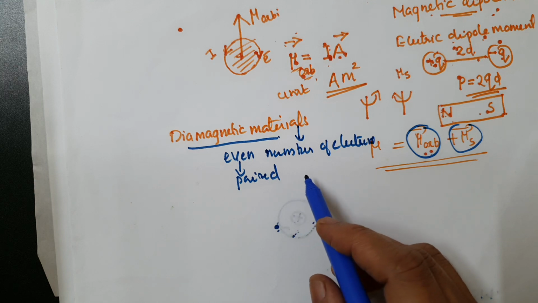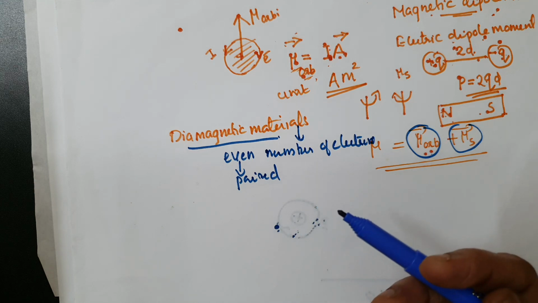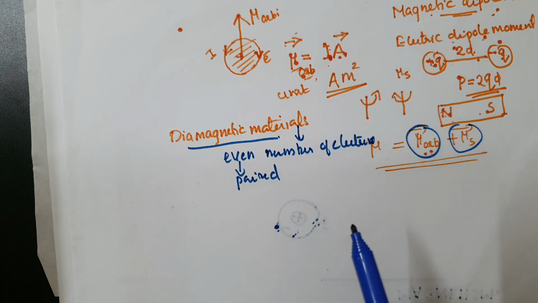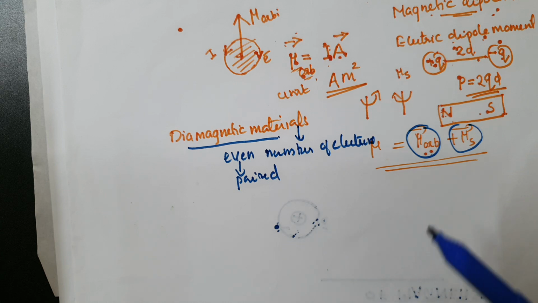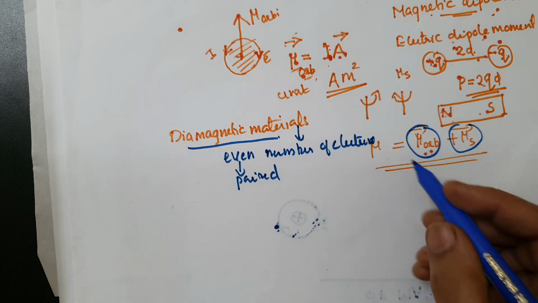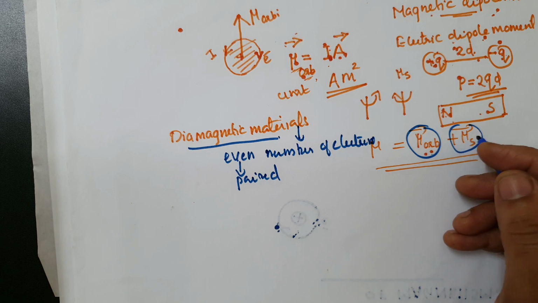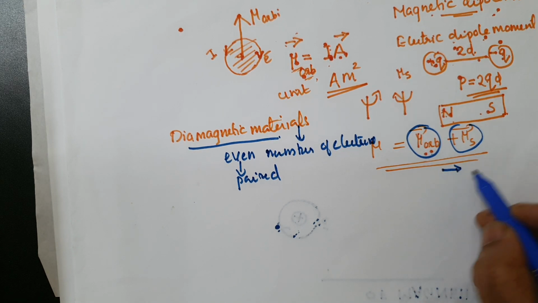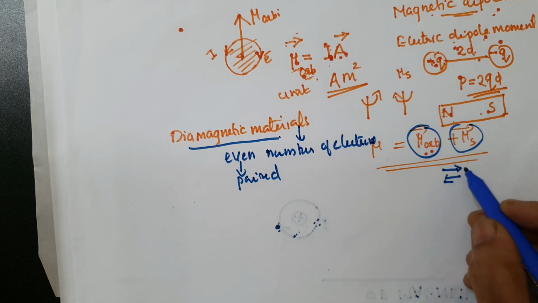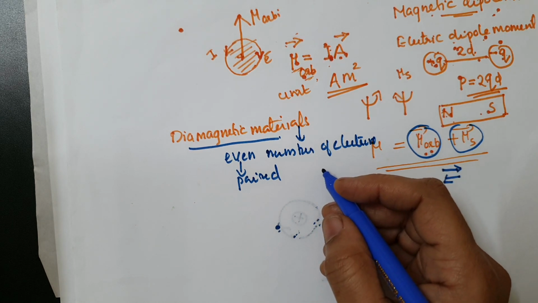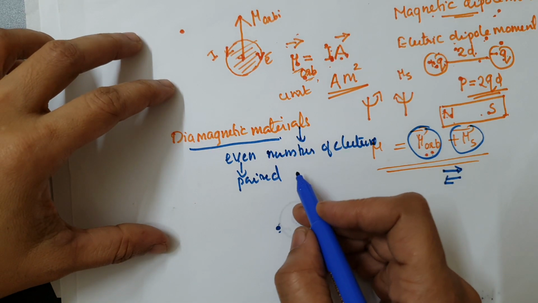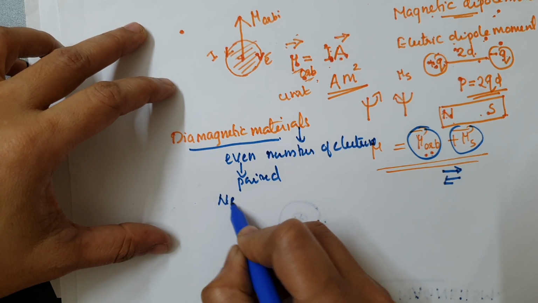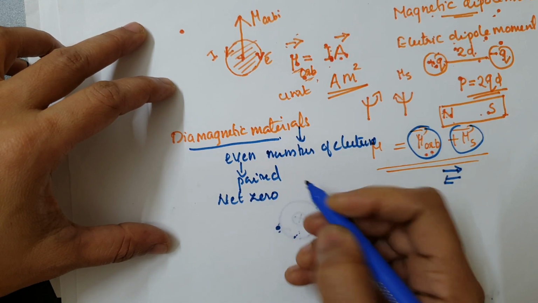Then the orbital magnetic moment of one electron cancels the spin magnetic moment of the other one, if they are oriented in opposite directions. Then the net magnetic moment, or the net magnetization, is zero in the case of diamagnetic materials.